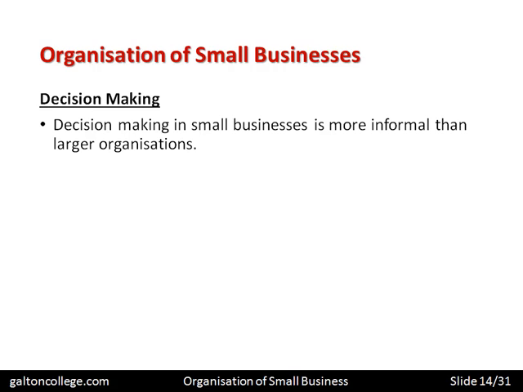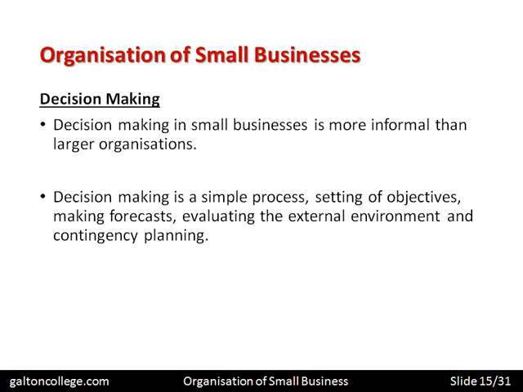So decision making in large businesses tends to be complex and very sophisticated, whereas in small businesses it tends to be very informal. The owner has an idea, and the owner tells the staff to make it according to his or her idea. So that may be a disadvantage.